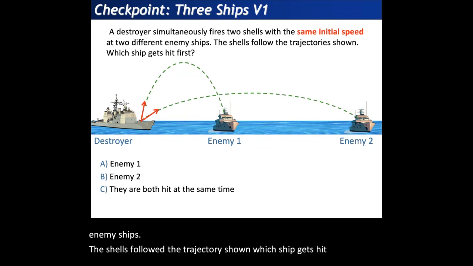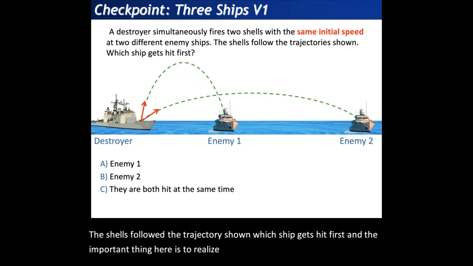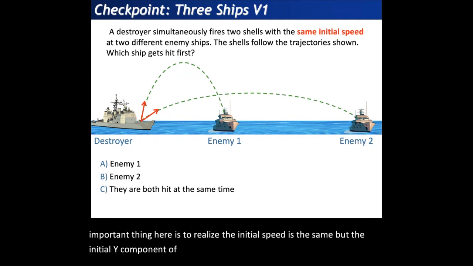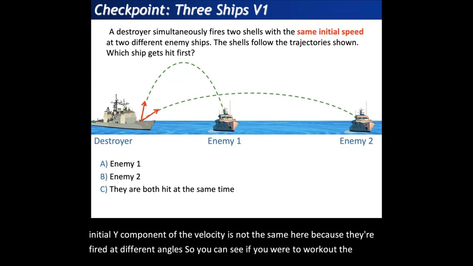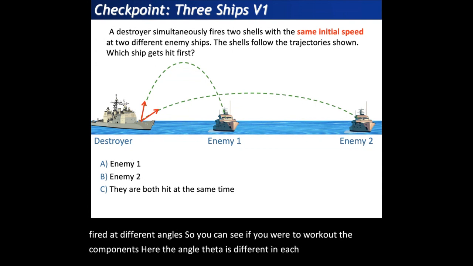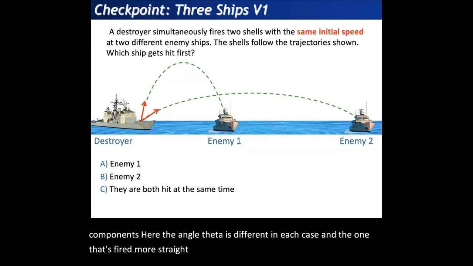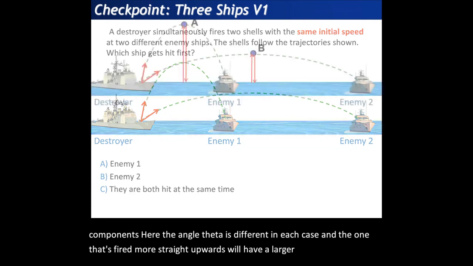The important thing is to realize that the initial speed is the same, but the initial y component of the velocity is not the same, because they're fired at different angles. If you work out the components, the angle theta is different in each case, and the one fired more straight upwards will have a larger initial y velocity.